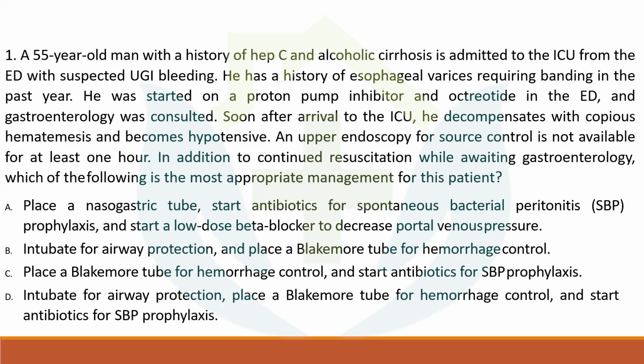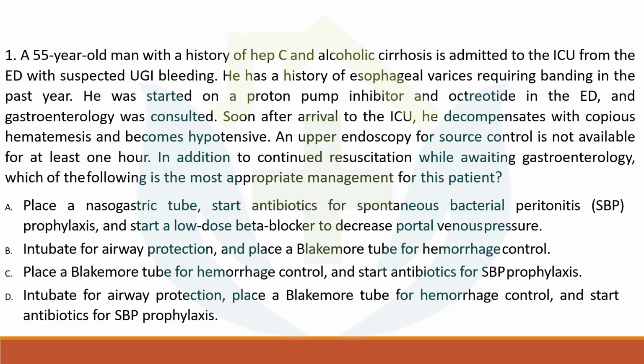Soon after arrival in the ICU, he decompensates with copious hematemesis and becomes hypotensive. Upper endoscopy for source control is not available for at least an hour, in addition to the continued resuscitation while awaiting gastroenterology. Which of the following is the most appropriate management for this patient? So you have to tell the most appropriate one.